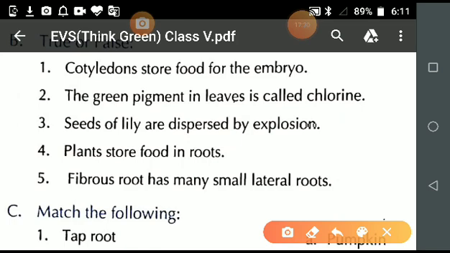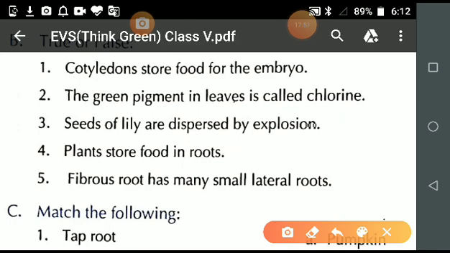And what is seed coat? The outer covering of the seed is known as seed coat. And what are cotyledons? The food. Cotyledon is the food for the embryo. Is it clear?